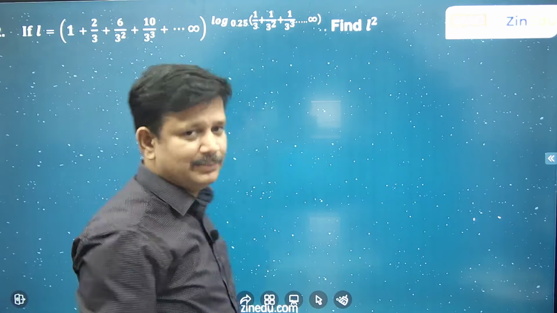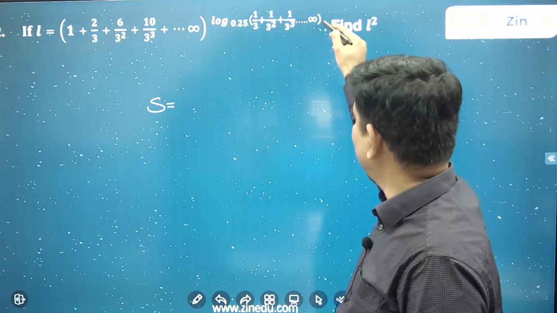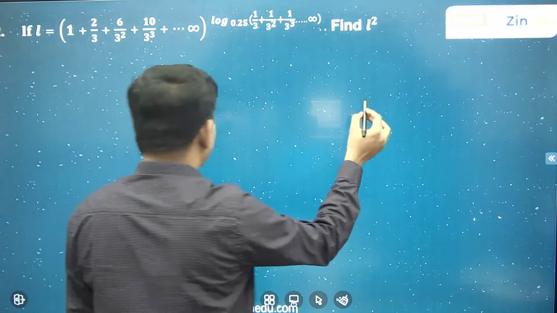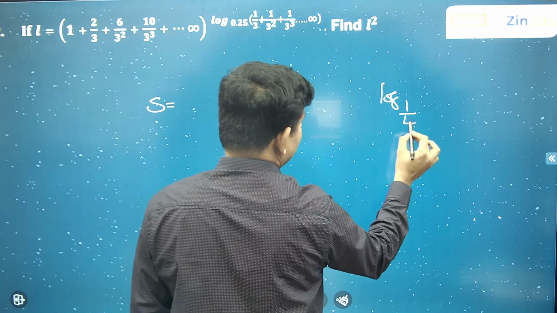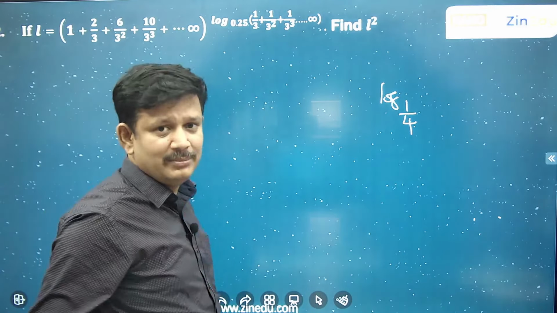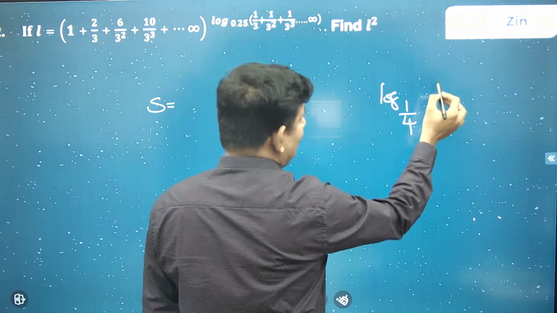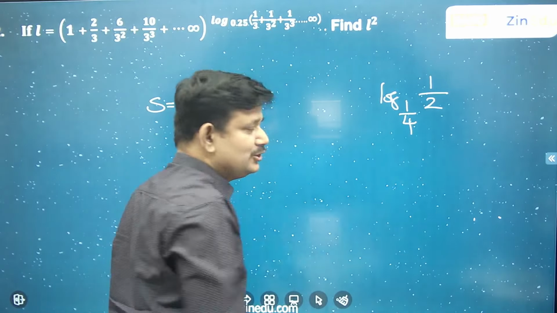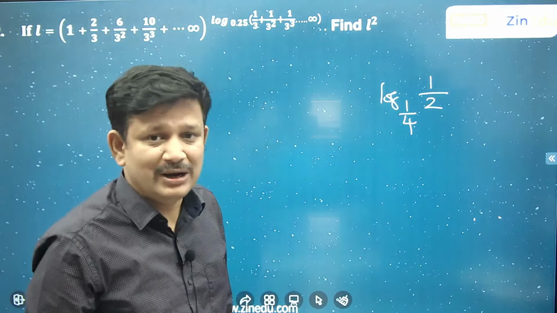The power is very simple. The power is a GP: log of 1/3 plus 1/3 square plus 1/3 cube, and so on up to infinity, to the base 0.25. 0.25 is what? 1 by 4. What is the sum? A by 1 minus r: 1/3 divided by 1 minus 1/3, which is 1/2. Log 1/2 to the base 1/4.